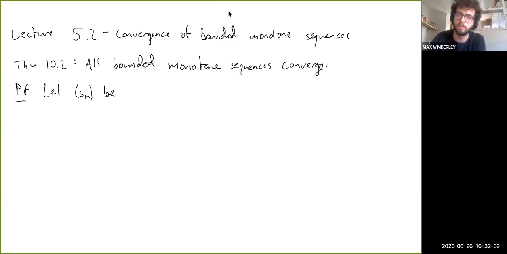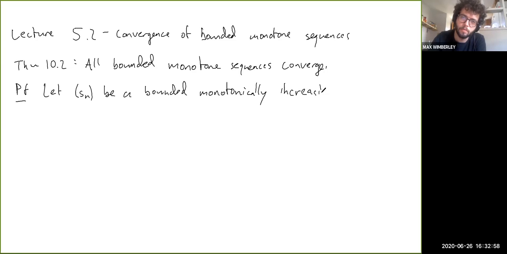So if I show it to you for the increasing sequences, hopefully you'll see how to do it for the decreasing sequences. So let's say, and we should also make it bounded, let S_n be a bounded monotonically increasing sequence. Okay, so S_n is our bounded monotonically increasing sequence, and we want to show it converges.